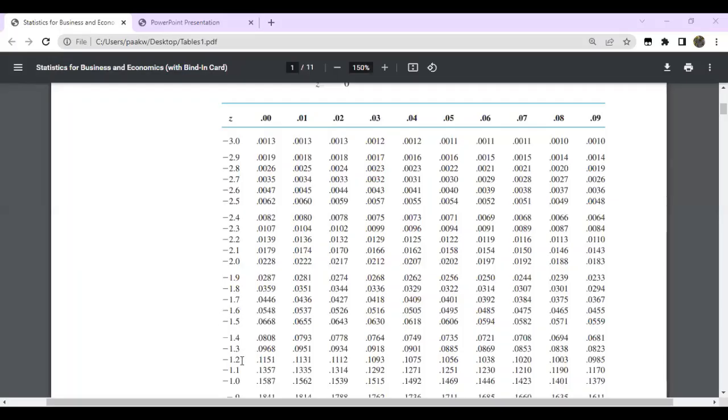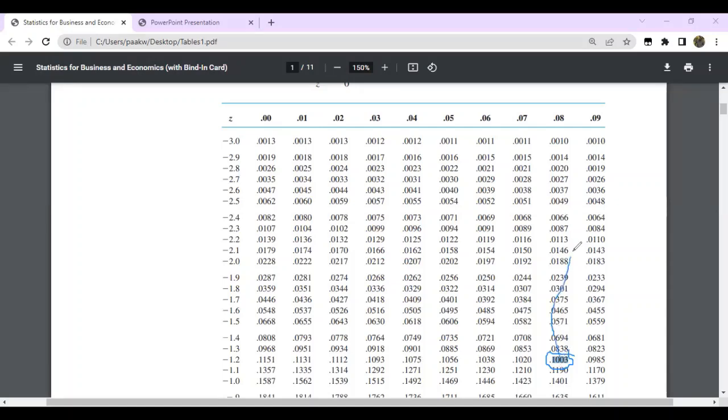So 0.1 should be here. Okay, 0.1 is 0.11, so it's this one. So you've seen the probability here. Now let's trace it. This is the probability, right? Now we are going to look for the value that helped us get this probability.